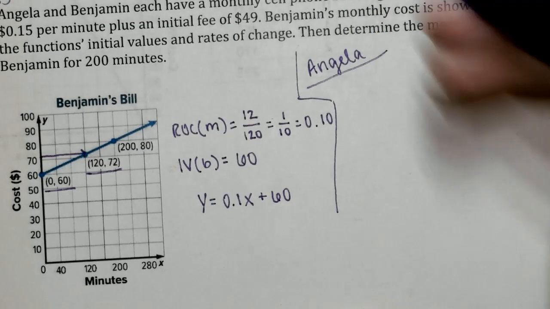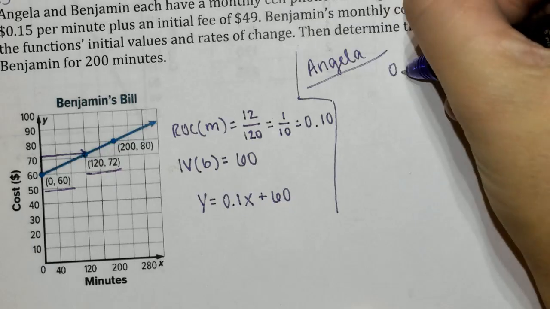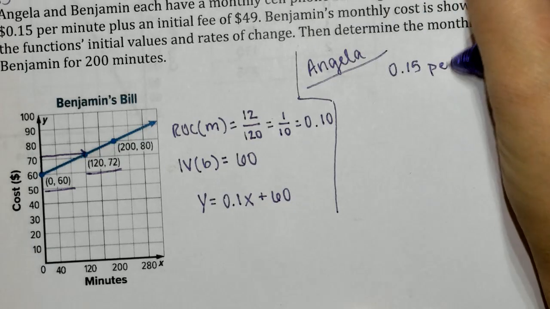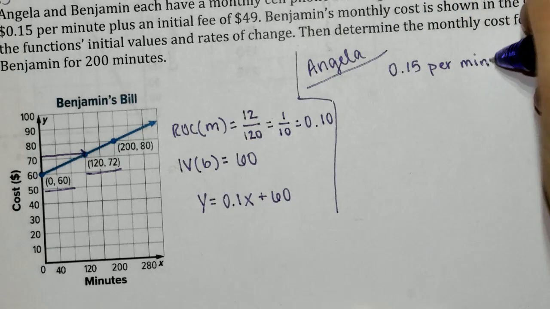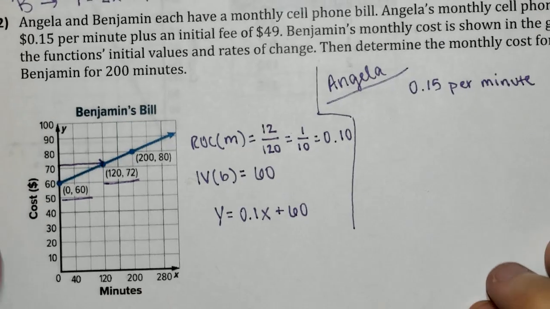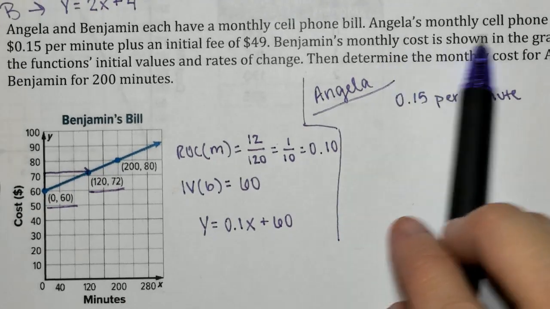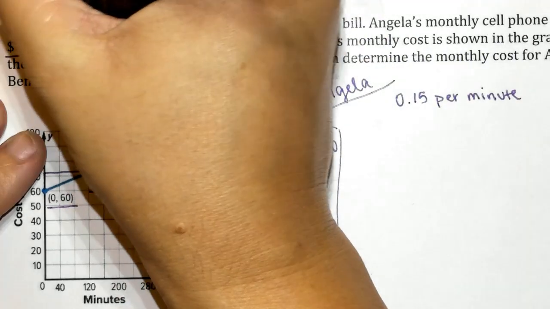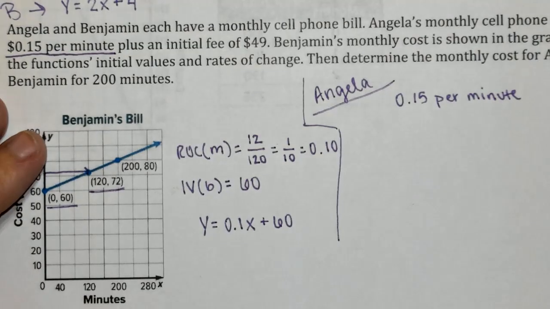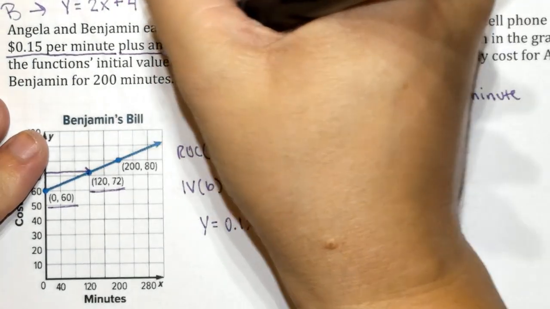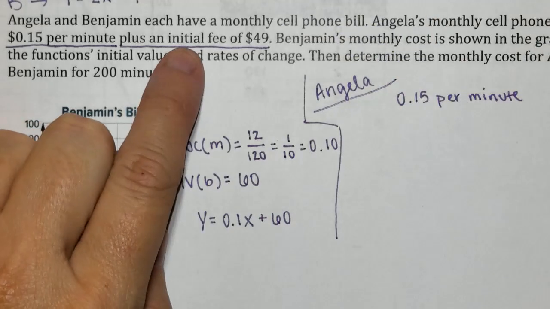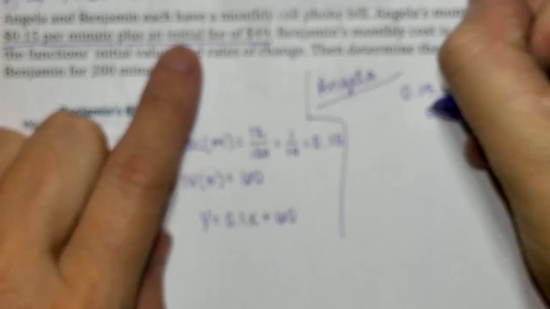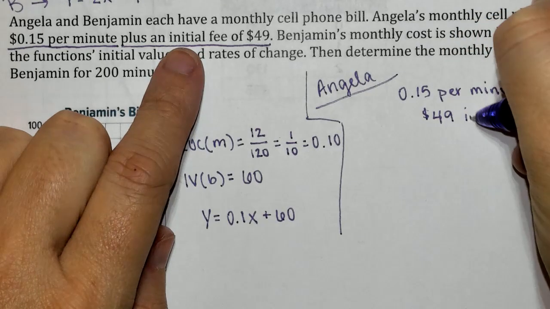For Angela, it's 0.15 per minute. And I'm reading that up here. It says Angela's monthly cell phone bill is 15 cents per minute plus an initial fee of $49. 49 initial.